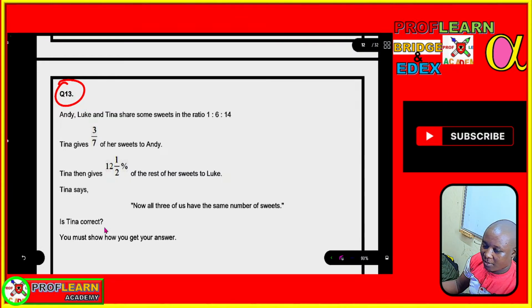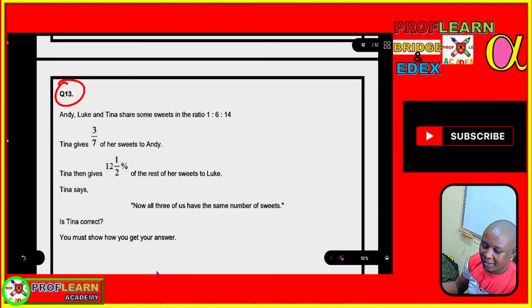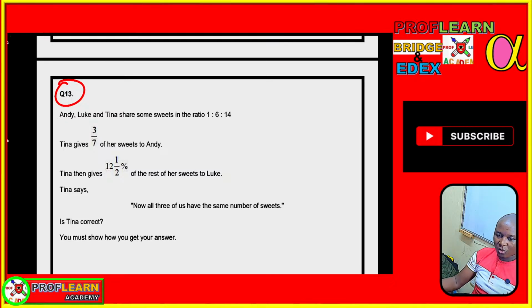Let me see if I can access that PDF so that I can show you directly how we worked out that paper, GCSE 2H.